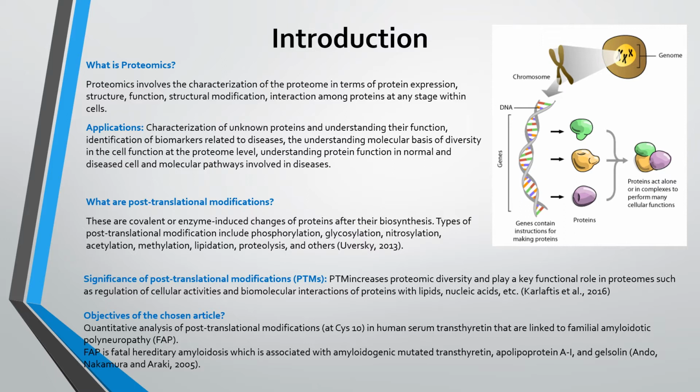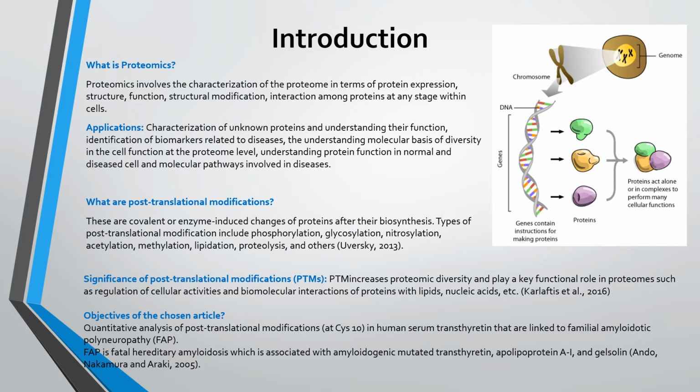Since protein analysis is the primary way to identify post-translational modification, I have chosen this article that discusses the quantitative analysis of post-translational modifications in human serum transthyretin that is linked to familial amyloidotic polyneuropathy, or FAP.